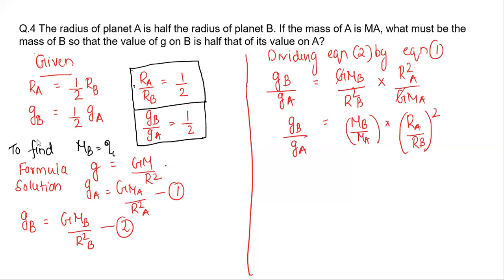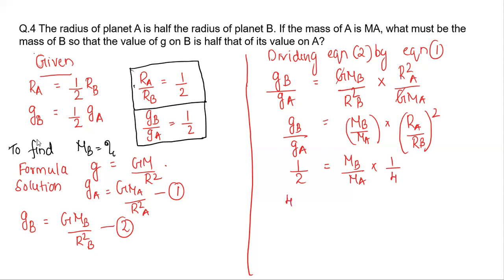Now we know the value of GB upon GA. What is that? 1 upon 2. So instead of that, I put 1 upon 2 is equal to MB upon MA, we don't know, into RA upon RB is 1 upon 2. 1 upon 2 square. What is 1 upon 2 square? 1 upon 4. We want to find out MB. So cross multiply 4 and MA.